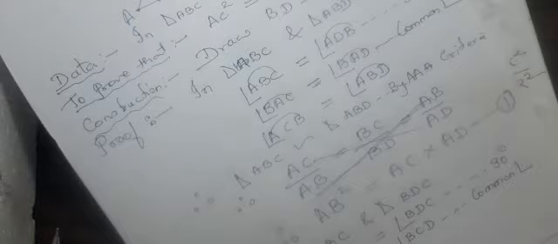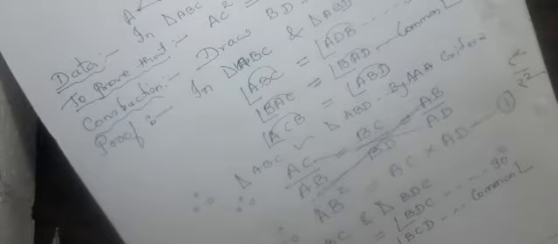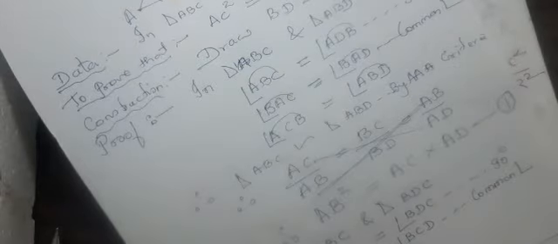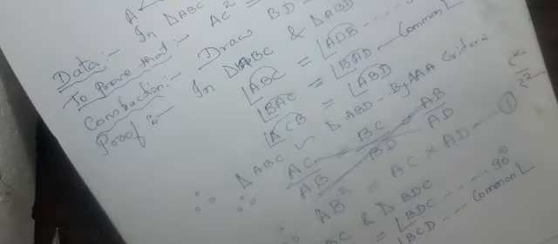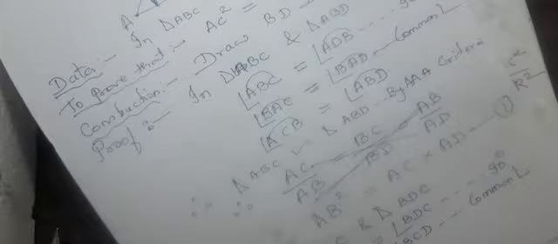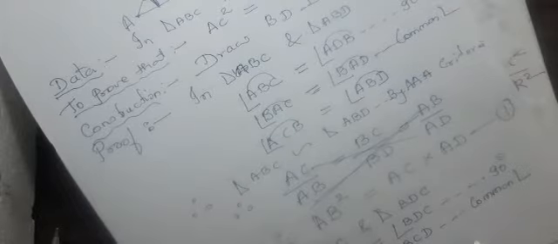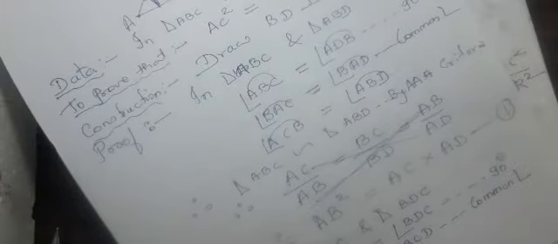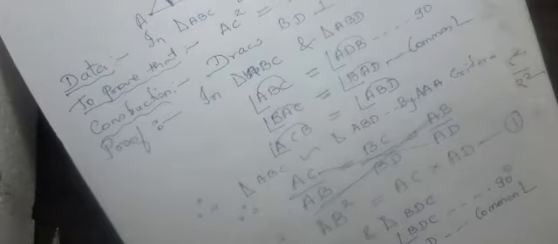And the third angle, which one can tell me? The third angle will be angle BAC. I have written ACB there, ACB is equal to BCD only, common angle it is.